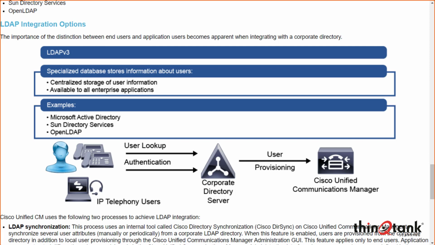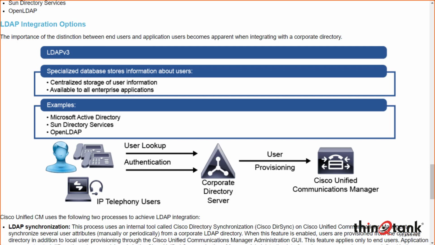Obviously, LDAP provides us that centralized database for storing user information. And like I said, those are the three directory services that are available. But we can do user lookup, we can do authentication, and of course, we can do provisioning from LDAP into Call Manager.